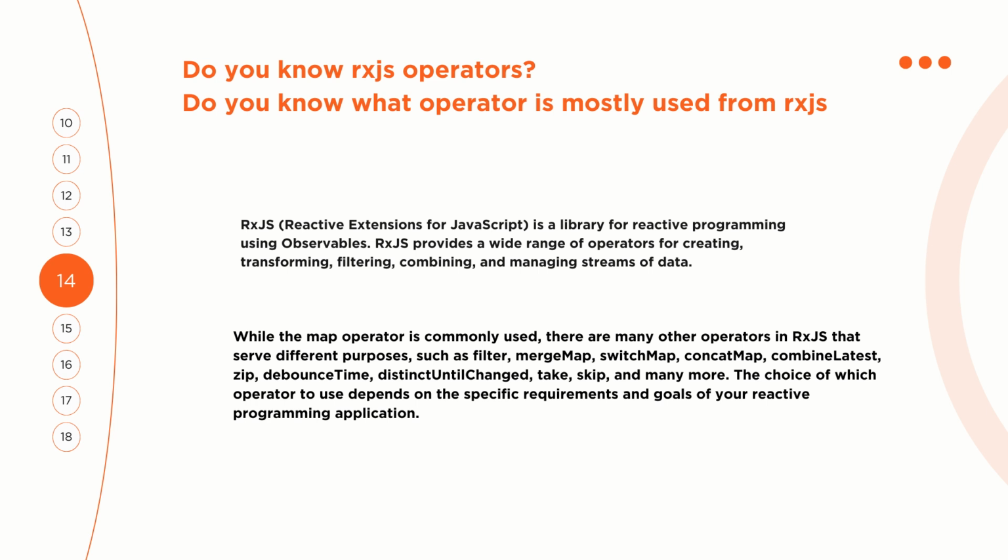Suppose you want to get some data from your observable before subscribing, we can use pluck. Those are the RxJS operators we mostly use. While returning data from the service to the component, we mostly map the data into a model and pass it from service to component. These are the common things we use.